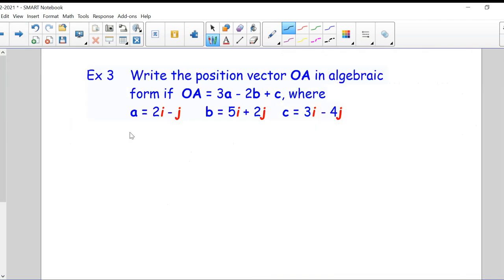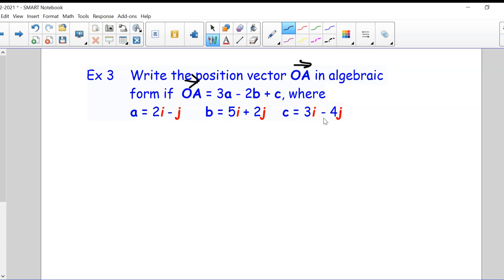Write the position vector OA, and of course I should put a little arrow on top of that. I haven't been doing that, but I should be. Write the position vector OA in algebraic form if OA is 3a minus 2b plus c, where a is this vector using the basis vectors, b is this, and c is this.